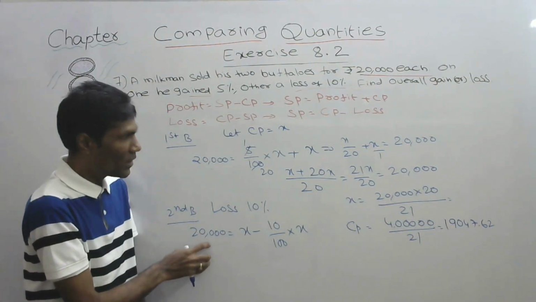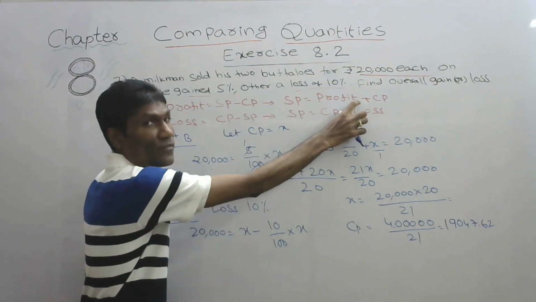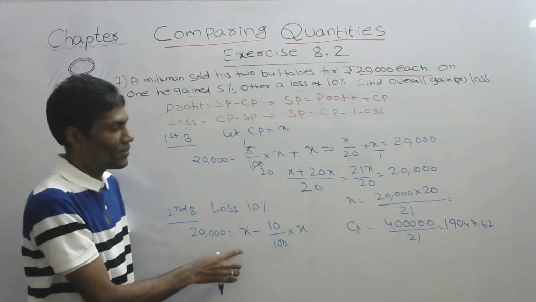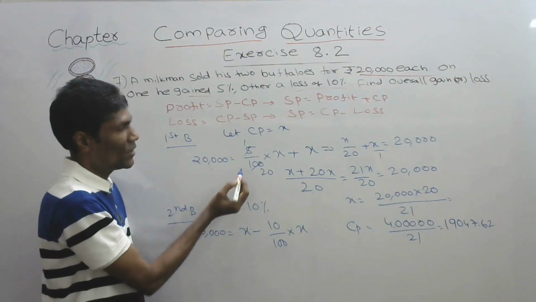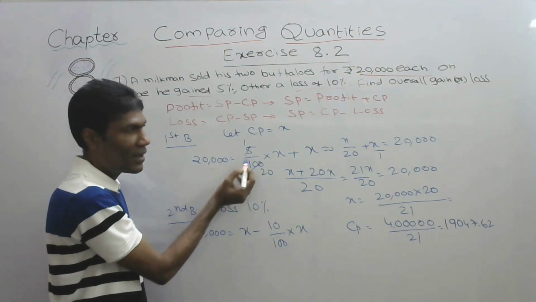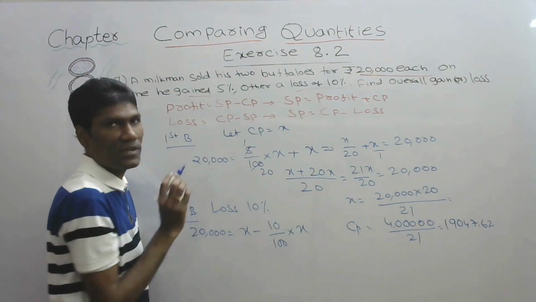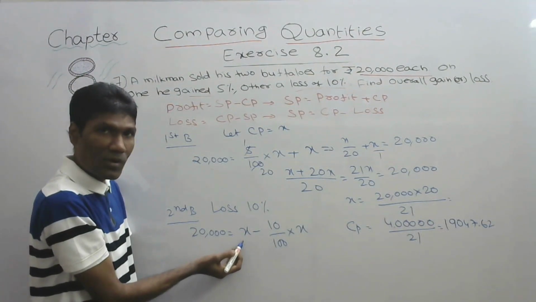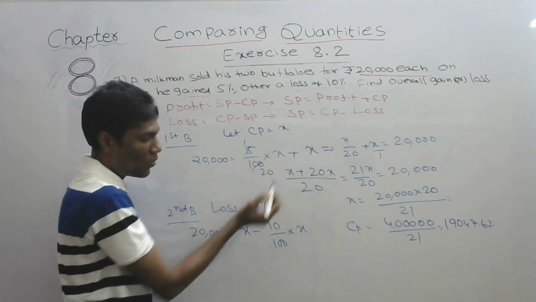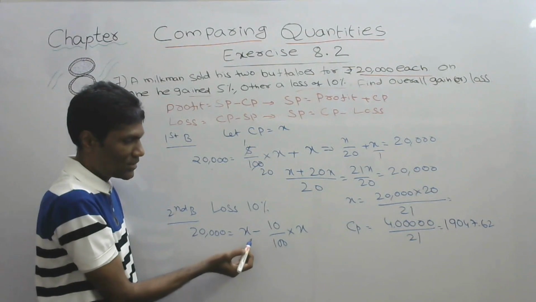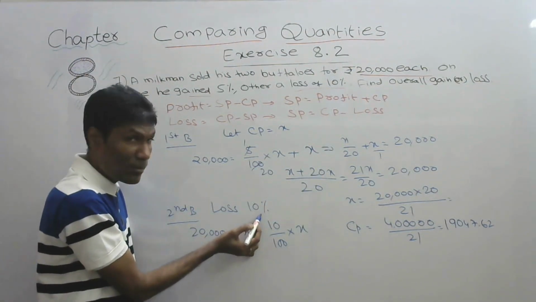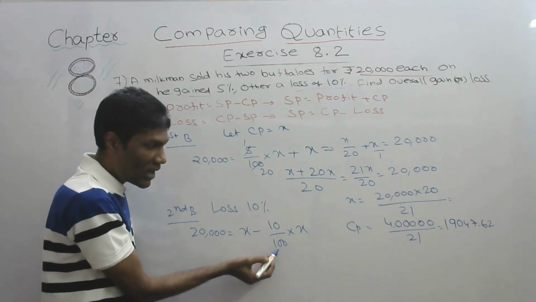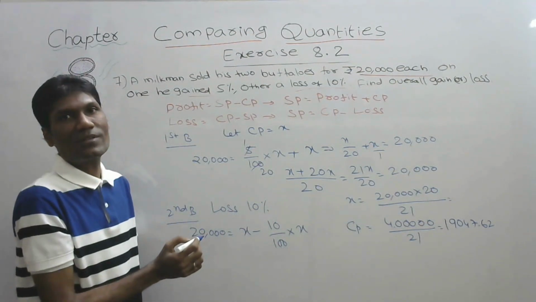First, what we are doing? This we are substituting here. So here SP equal to profit plus CP. So we are taking profit and adding to CP. Here on second buffalo, CP, what is CP? X minus loss. What is loss? 10%. So 10 by 100 of CP.